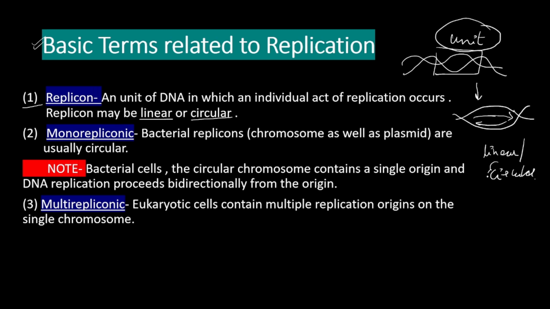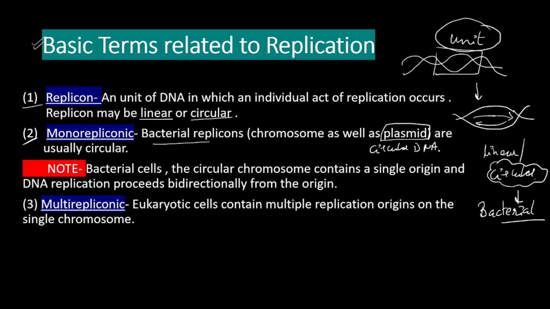Circular DNA is seen mostly in bacterial cells. Now the second term is monorepliconic. Bacteria replicate chromosome as well as plasmids. What are plasmids? Plasmids are circular DNA, which are usually present in bacteria.